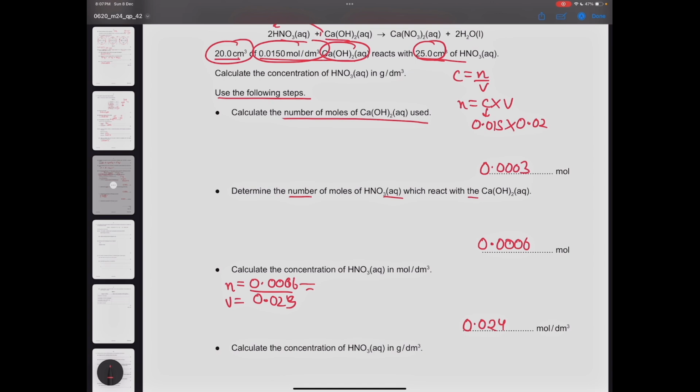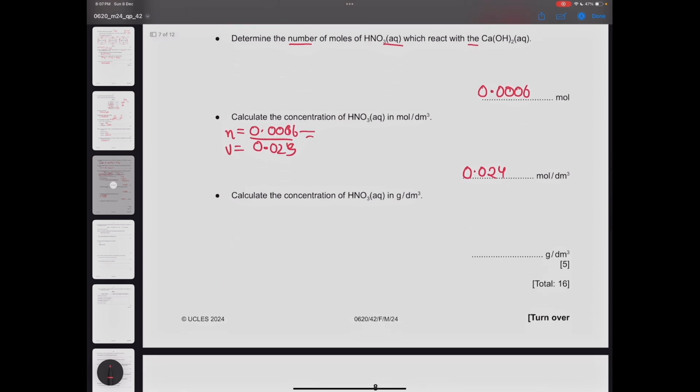All right. Now, calculate the concentration of HNO3 in grams per decimeter cube. Now, after seeing this question, a lot of children get confused. This question troubles a lot of them, but it's very simple. Just hear me out properly. This concentration, you know, is in moles per dm cube, right? When you multiply moles with molar mass, see, moles is equal to given mass by molecular mass, right?